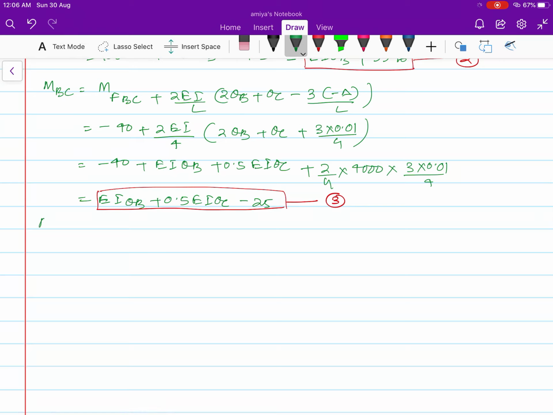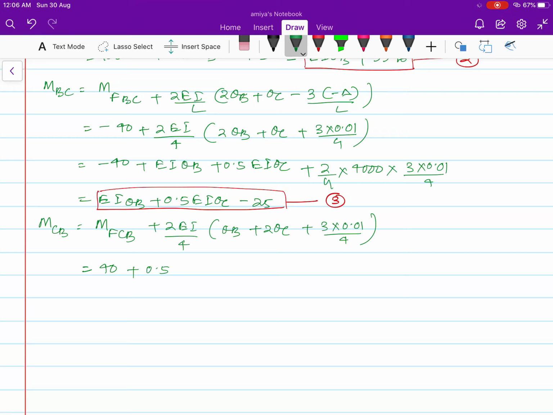Now MCB, fixed end moment CB plus 2 EI by L, theta B plus 2 theta C plus 3 into 0.01 by 4. So this is positive 40.